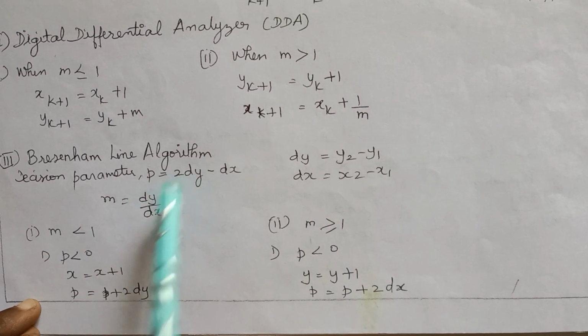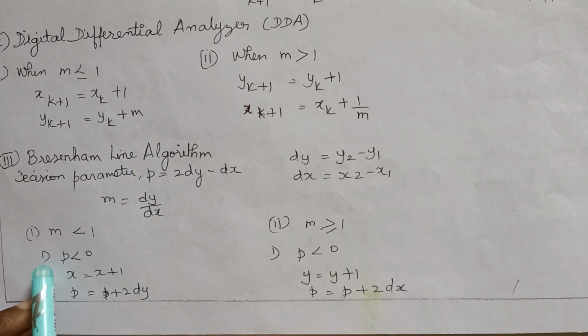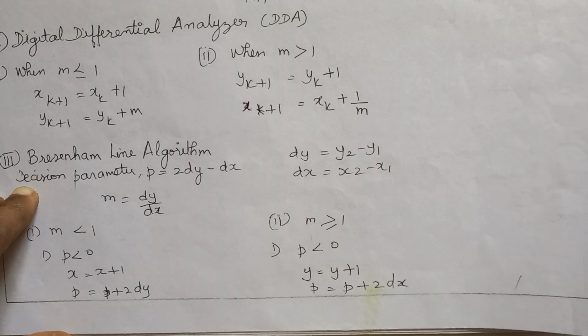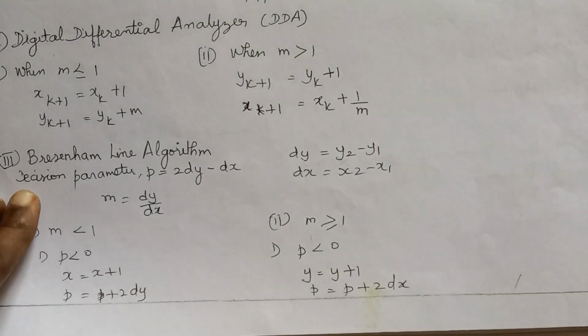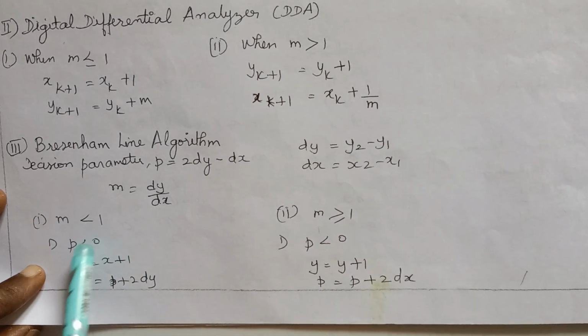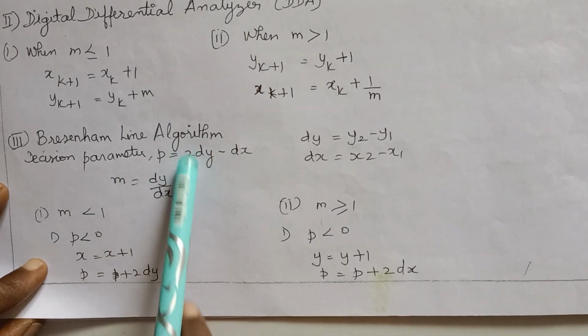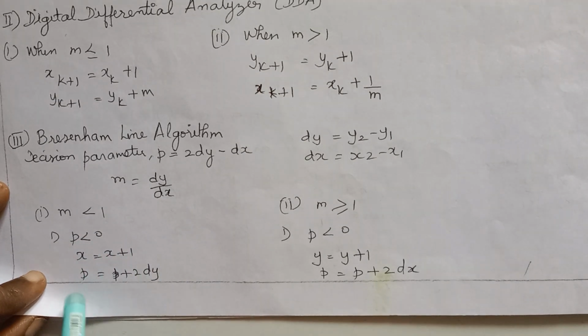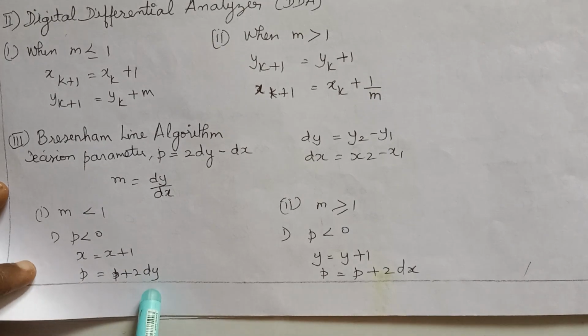For each condition you need to check the value of p, whether p is less than 0 or p is greater than or equal to 0. Within m less than 1, when p is less than 0, x will be x + 1 and p will be modified as p = p + 2dy.